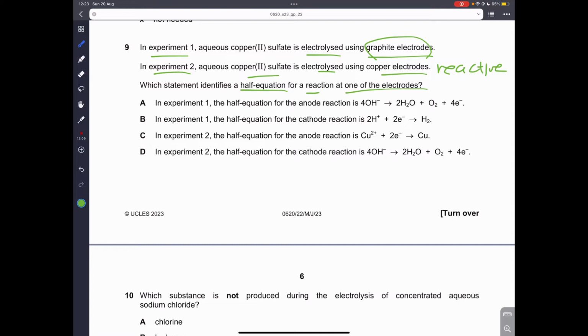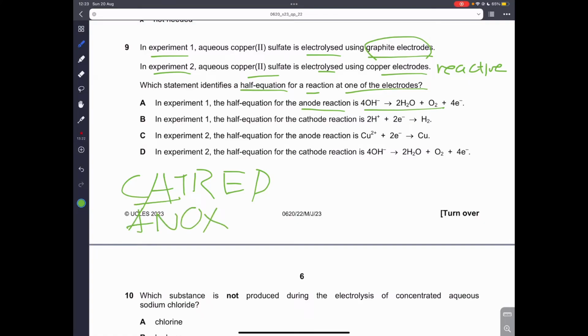So that's a good statement number 1. In experiment 1, the half equation for the anode reaction is the following. So remember, you have to know cat, red, and ox. So at the cathode, reduction takes place. At the anode, oxidation takes place.